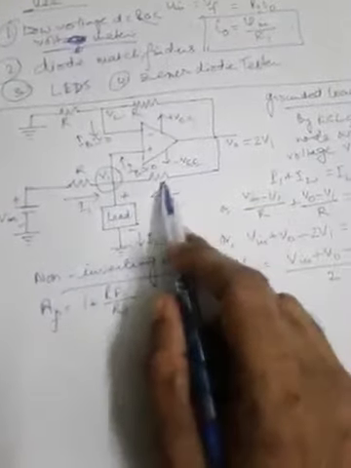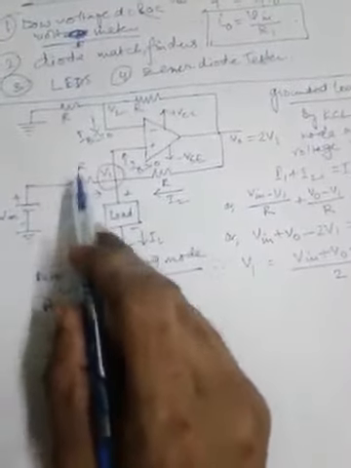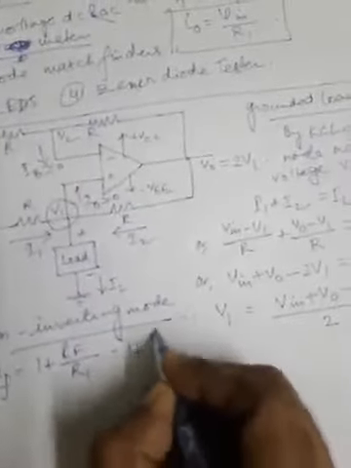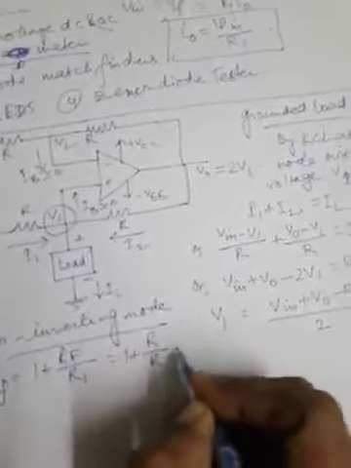Here RF is R, connected between output and input, and R1 is also R, connected between input and the source. So the gain is 1 plus R by R, which is equal to 2.